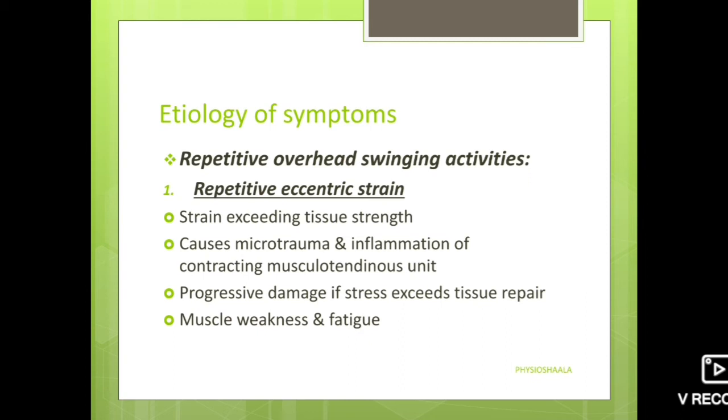And if this damage continues and the stress exceeds the tissue repair, it eventually leads to muscle weakness and fatigue, and these weak and fatigued muscles make the tissues vulnerable to impingement syndrome.